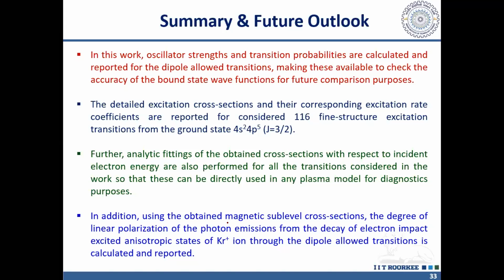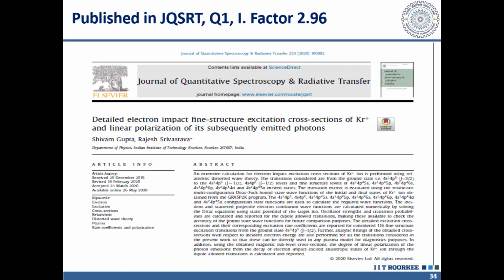Now with the help of these cross sections, we will characterize the krypton plasma using the measurement of Marr et al. and develop a detailed collisional radiative model, and obtain the electron temperature and electron density. This work we published in JQSRT, and for more detailed information, one can see this paper.